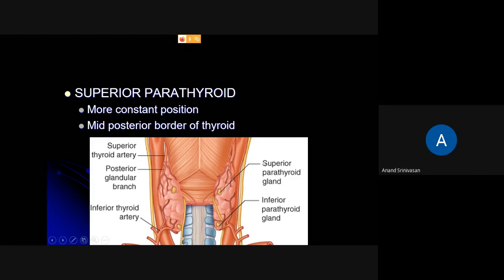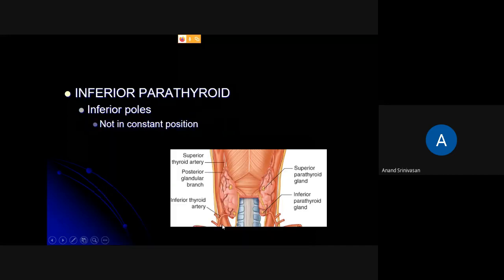Whereas the inferior parathyroid gland is not in a constant position. It can be present within the thyroid or sometimes outside the thyroid, anywhere.